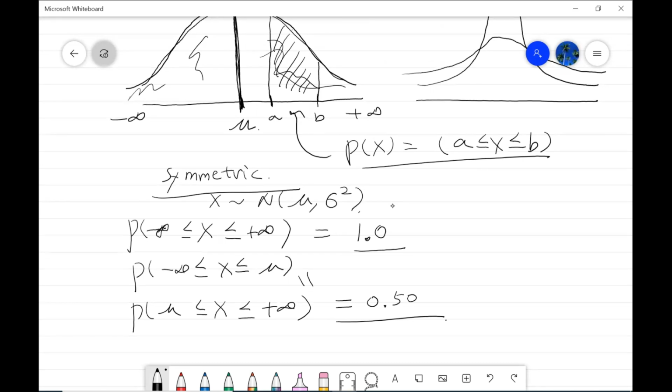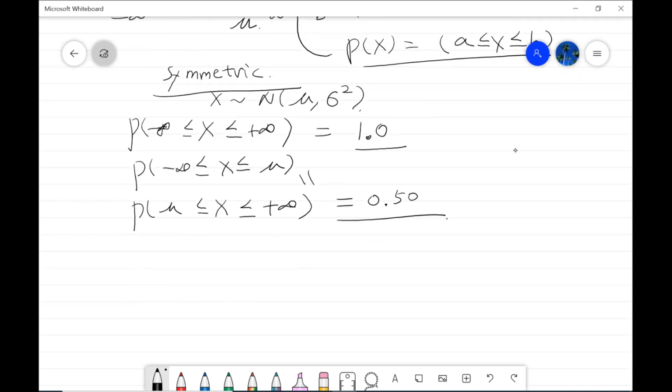And then there's another very similar distribution out there, the so-called standard normal distribution. So what is a standard normal distribution? It's a special case of a normal distribution.